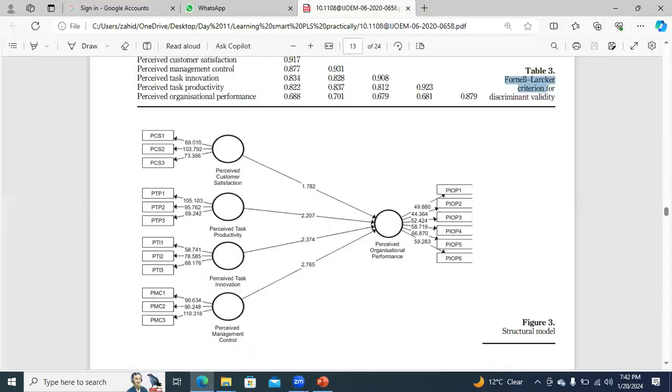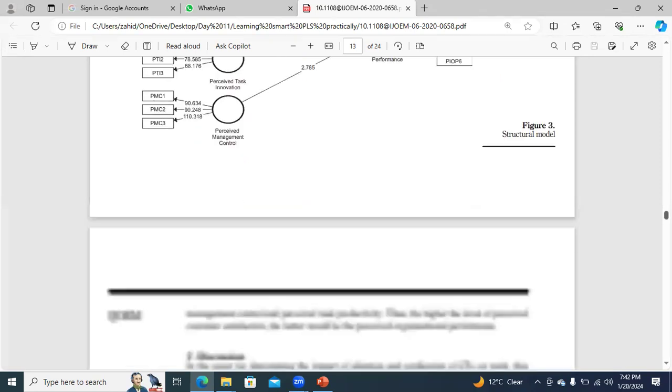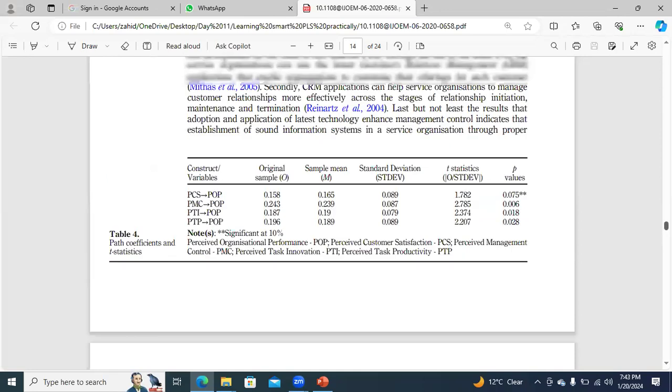You can see here, this is the SEM model, because the SEM model indicates the beta value, a proper coefficient value, showing how these exogenous variables are impacting this one. This is basically the coefficient table.